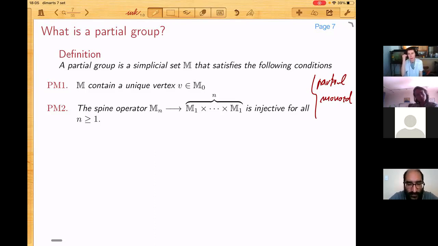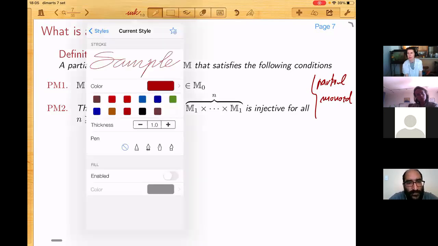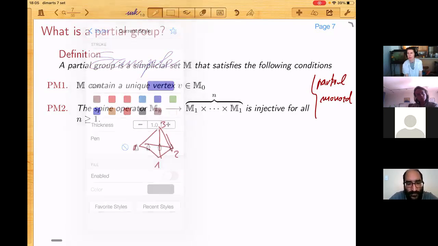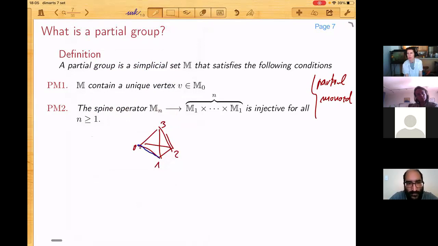So in a picture, if you write a 3-simplex like this, and you enumerate the vertices 0, 1, 2, 3, the spine would be this edge, this one, and this one, these three edges, right. So to an n-simplex corresponds a set of n first edges, and that's the spine. So we want this to be injective.